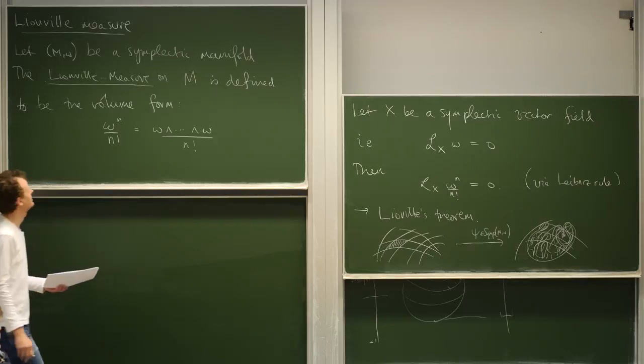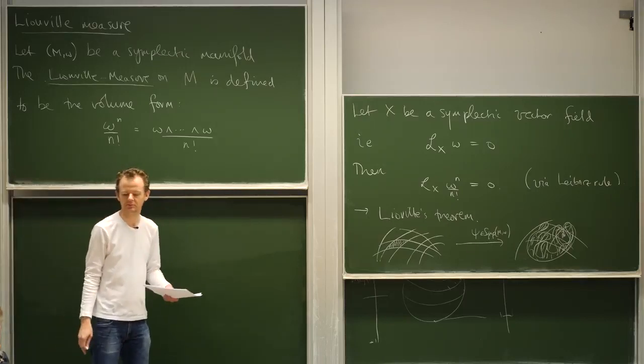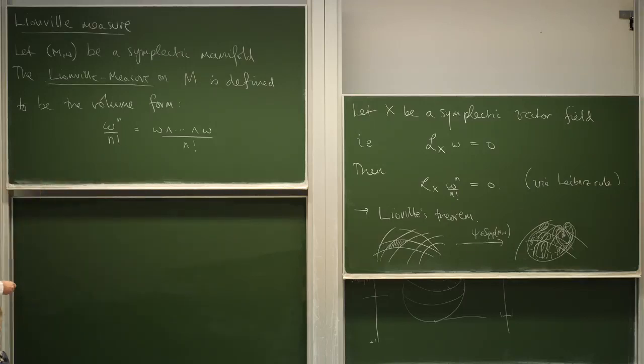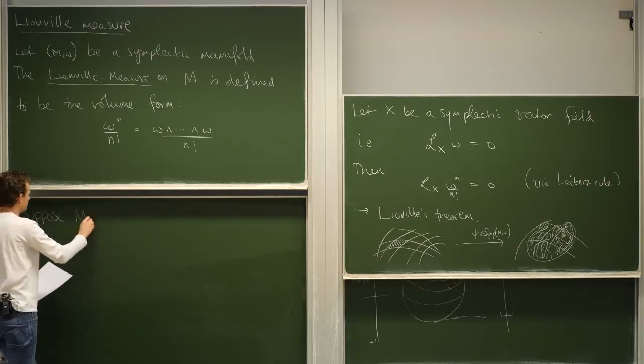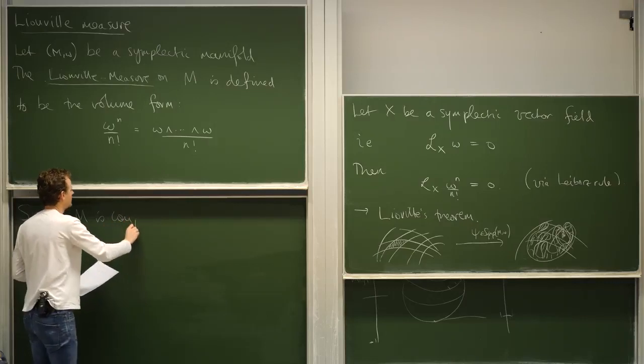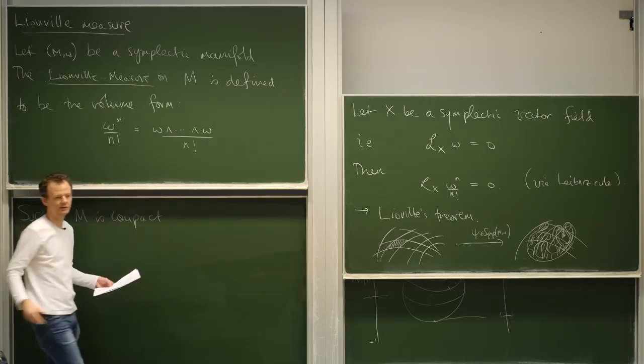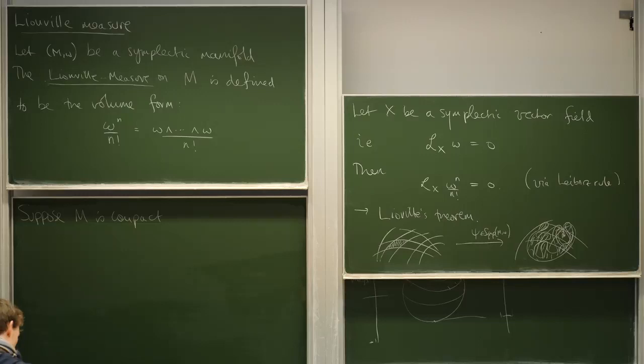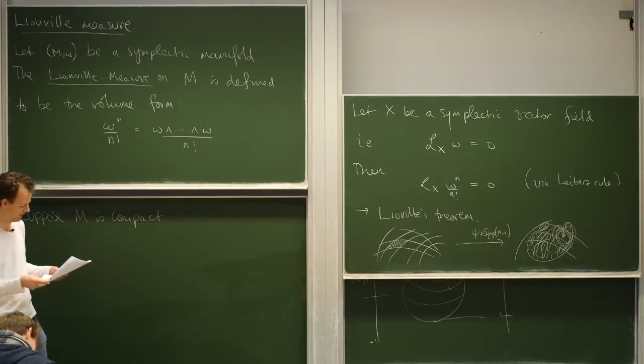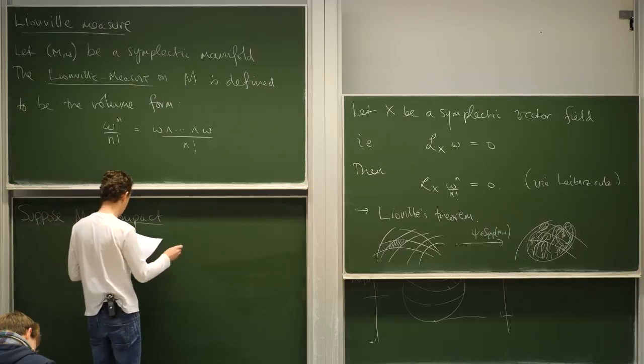This is an interesting measure. We should look at this measure a bit more, right? It's got some nice properties. All right, to get further on this game, we're going to have to, again, assume that our manifold is compact. We compactify it in a symplectic way, if it's not.